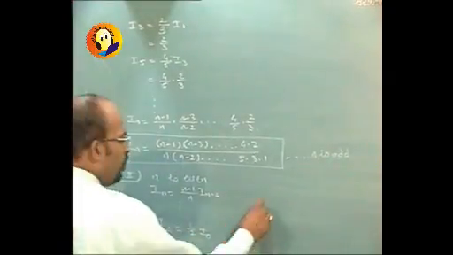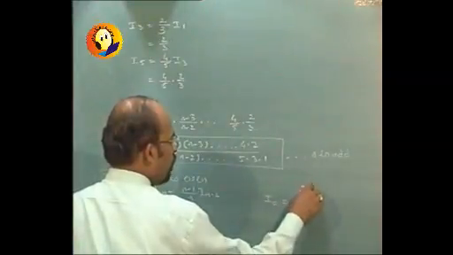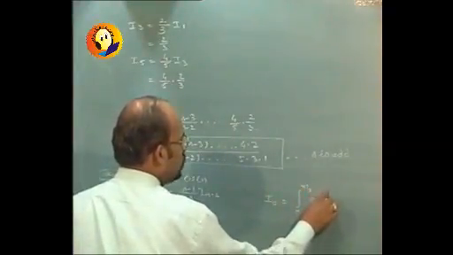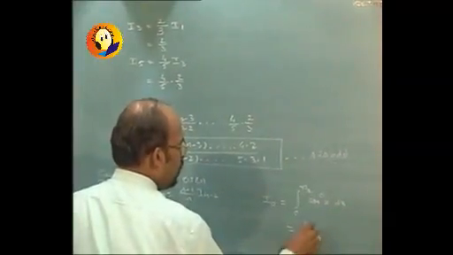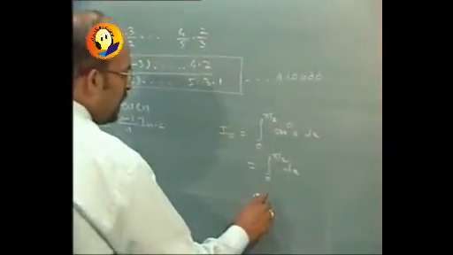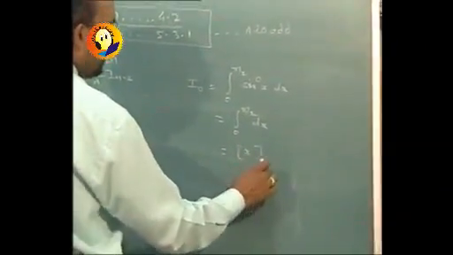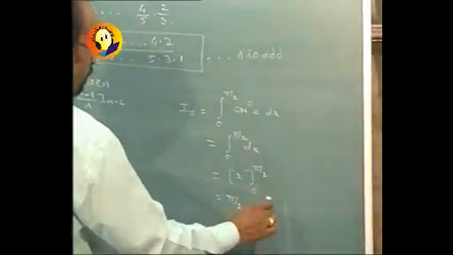And if we try to find out I0, it will be integral 0 to pi by 2 sin raised to 0 x dx, which will be integral 0 to pi by 2 of 1 dx, and so integration comes out to be x, between limits 0 to pi by 2. Answer is pi by 2.